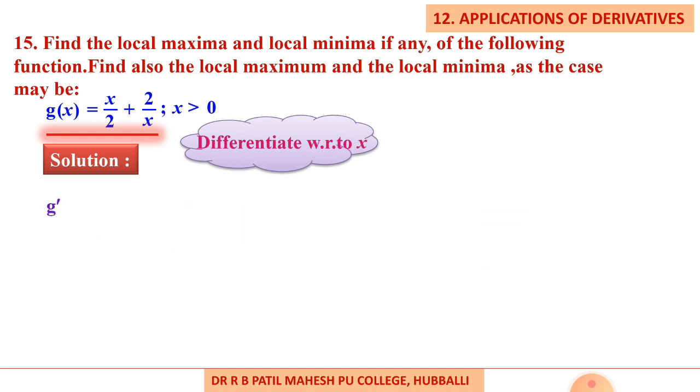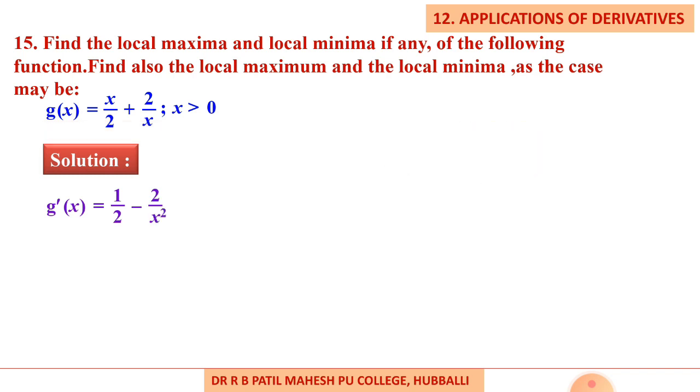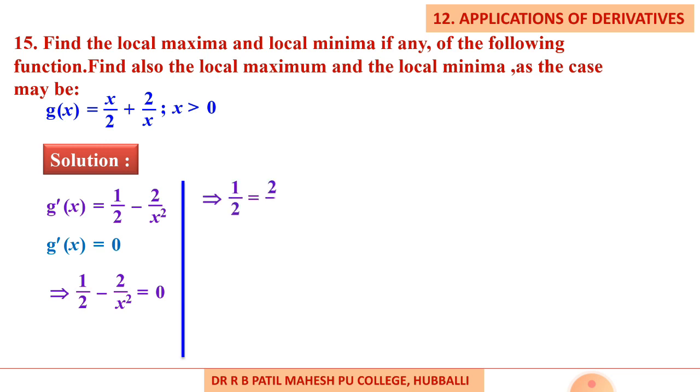Differentiate this function with respect to x, we get 1 by 2 minus 2 by x square. Then g dash of x equal to 0, we get 1 by 2 minus 2 by x square equal to 0.